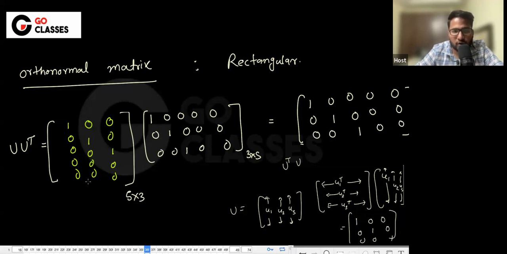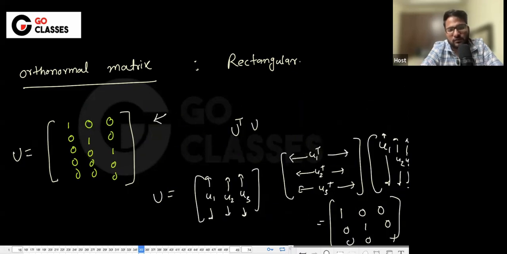And the remaining rows are all zeros, right? Is this an identity matrix? No, right? So basically, this U U transpose is not an identity matrix. U transpose U is the identity matrix.